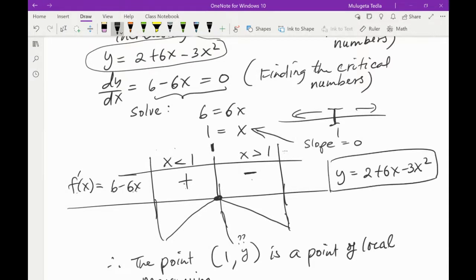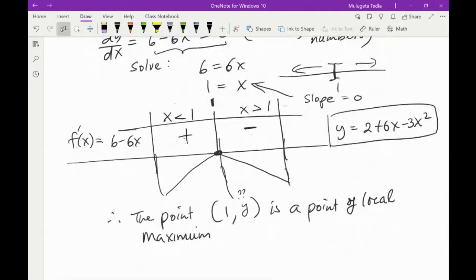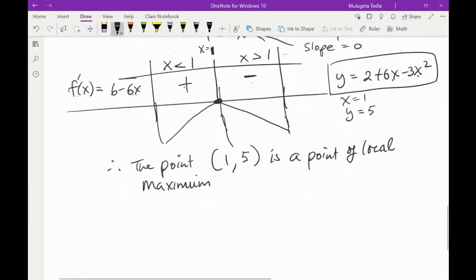When you find the y value, you always go to the original function, not the derivative. So plug in x equal to 1. 2 plus 6 is 8, minus 3 is 5. So it is (1, 5). So the point (1, 5) is a point of local maximum.